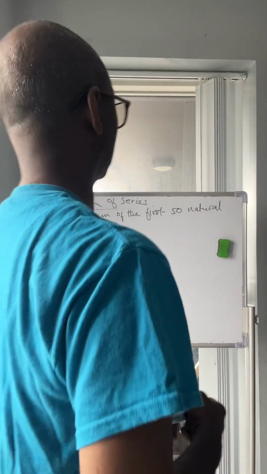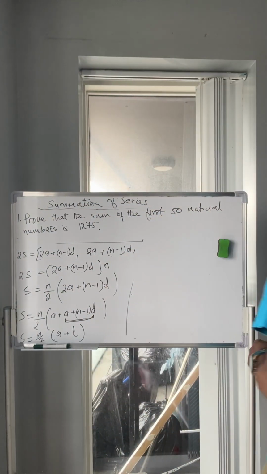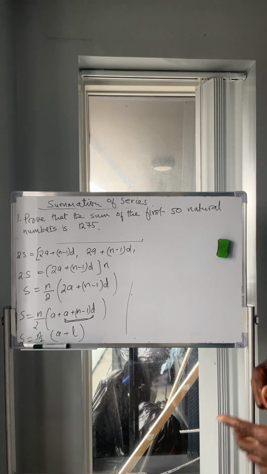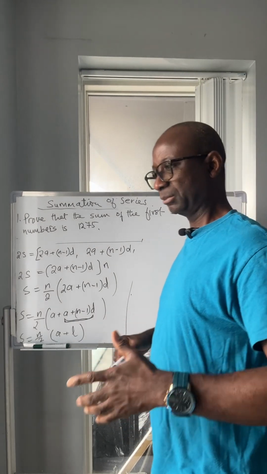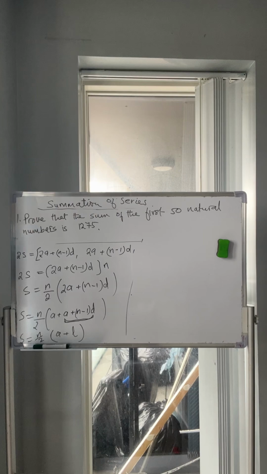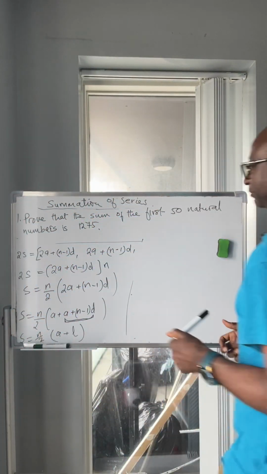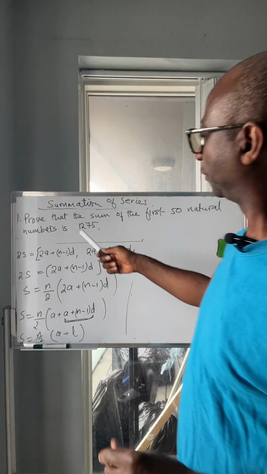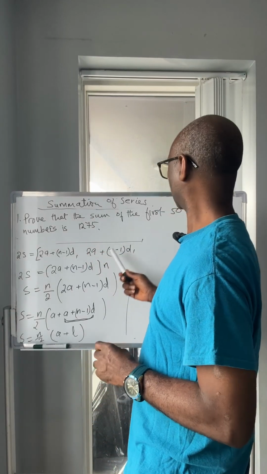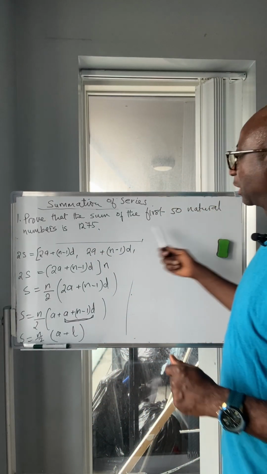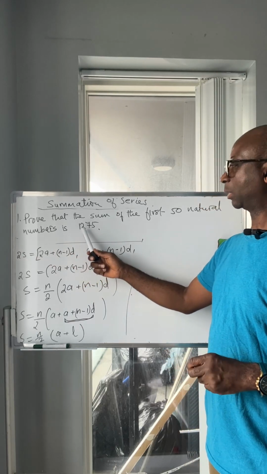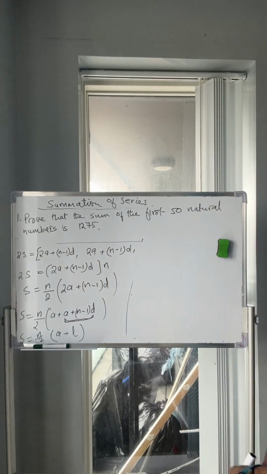We are still on summation of series after doing arithmetic progression or arithmetic sequences. We are given a question that says, prove that the sum of the first 50 natural numbers is 1,275.